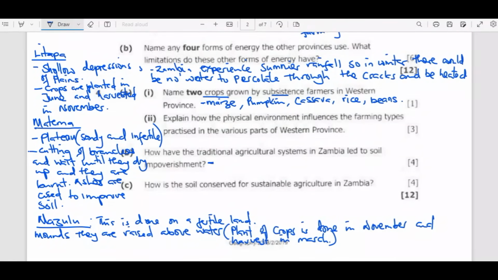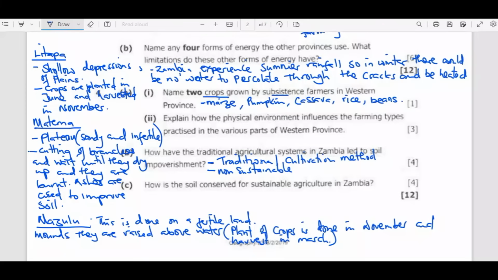The other one is the traditional cultivation method, where people shift. Once they see that the land becomes infertile, they move to another area. Non-sustainable methods also contribute.